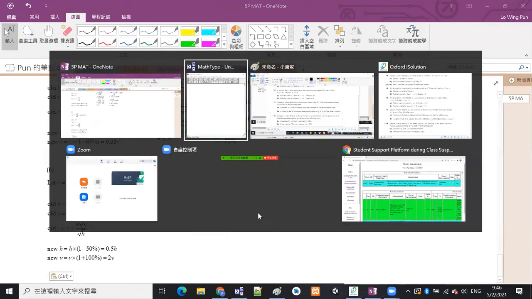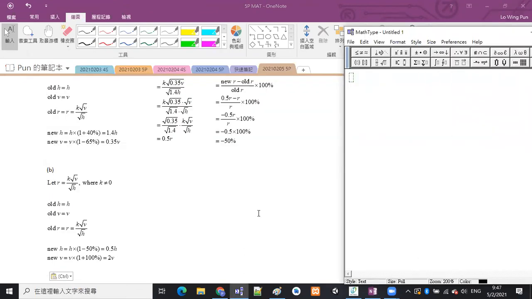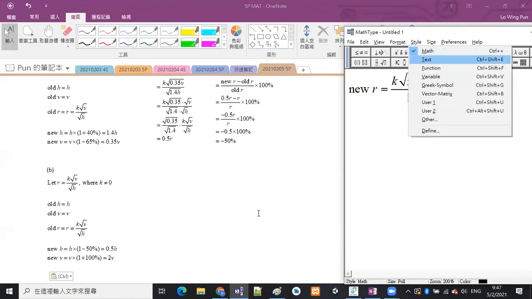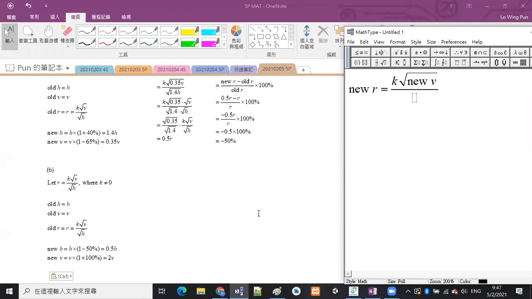So the most troublesome one is the new r. Okay, new r first from the equation it should be k times root new v divided by root of new h. Okay, but we have already prepared the new v and new h.